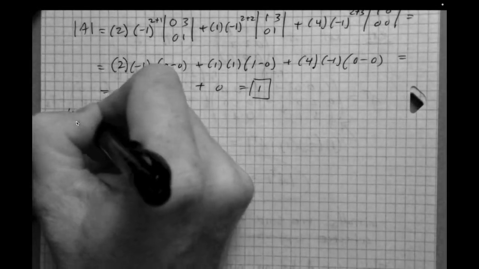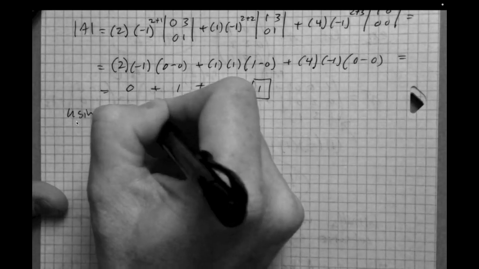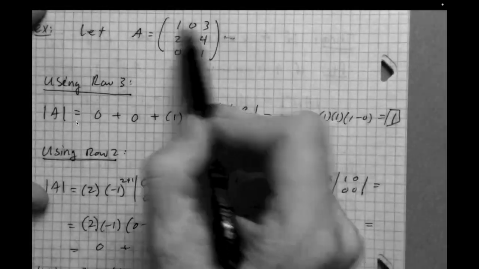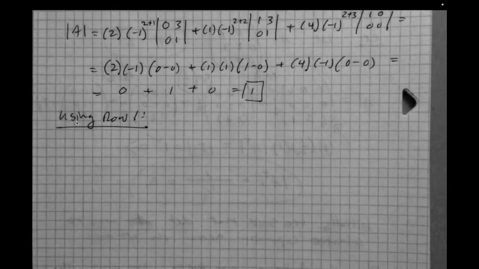Okay, what about using row 1. Let's go up to the top row. Okay, the top row, again, I've got 2 non-zero entries, so this will be kind of the intermediate level of complexity here.